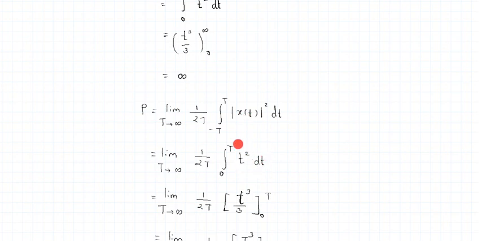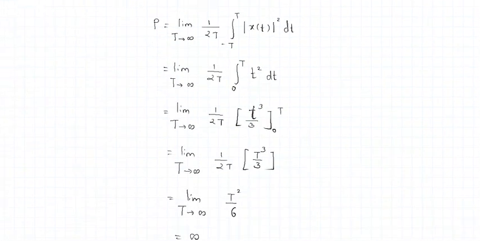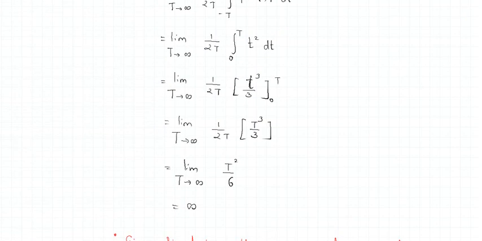So you need to solve this integration first. The integration of t square is t cube by 3, and we need to put the limits 0 to T. When we put the upper limit, you get T cube minus 0 by 3, which results in T cube by 3.